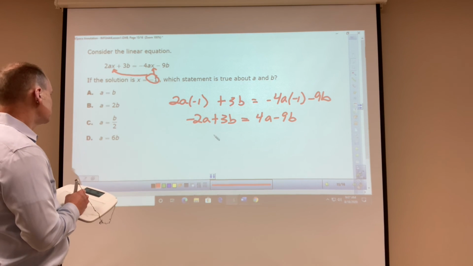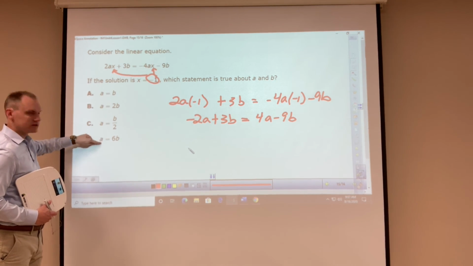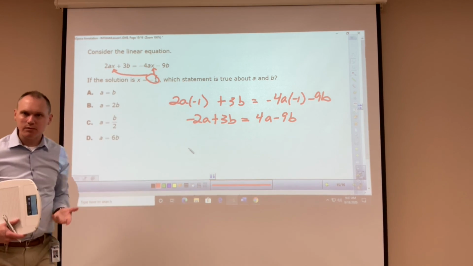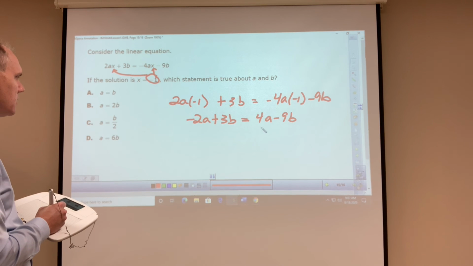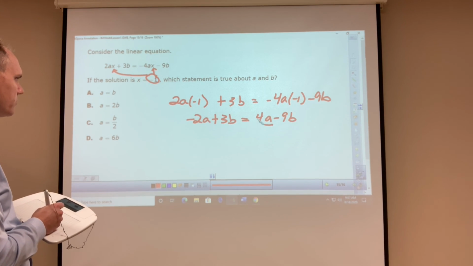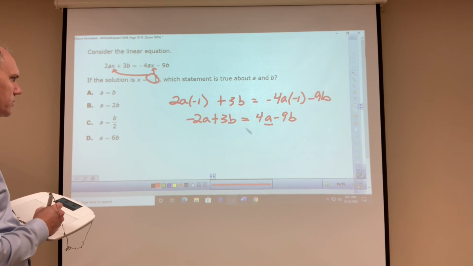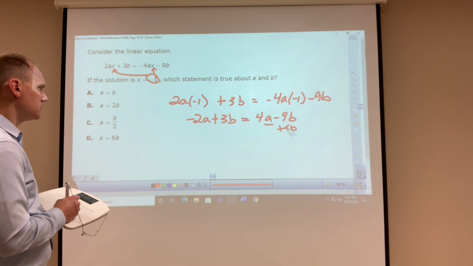And then we just need to simplify here. Notice all the answers here have a by itself. So let's get a by itself, because we want to keep things positive. All right, so let's add 9b to both sides.